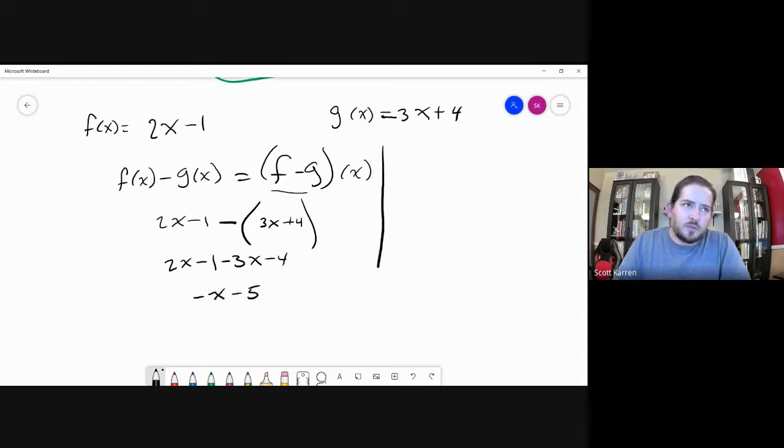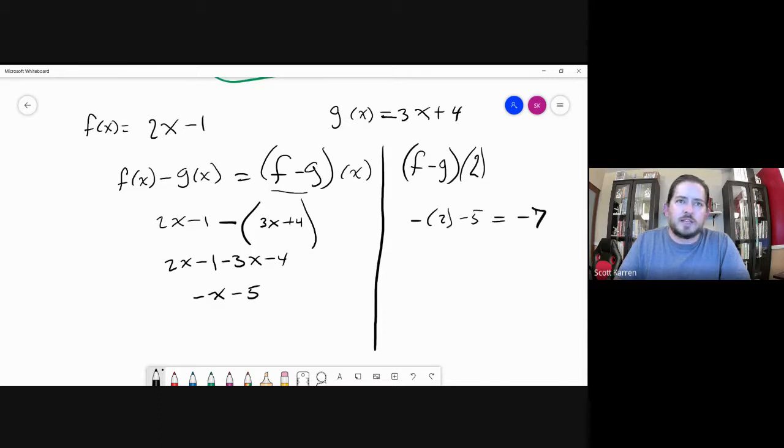And so if I want to evaluate something like, say, f minus g of 2, let's say, I can plug 2 just into this equation. That is to say I have negative 2 minus 5, or negative 7.